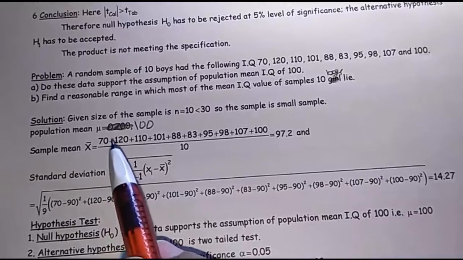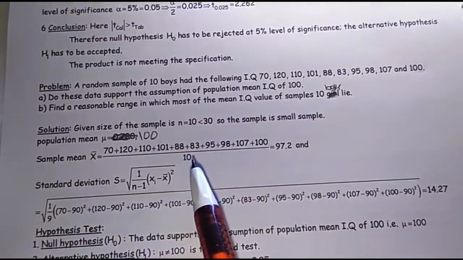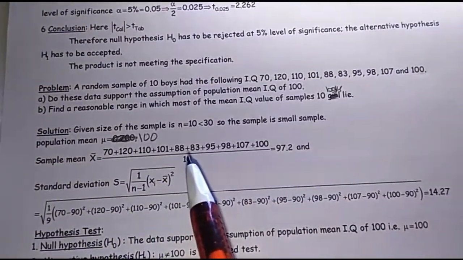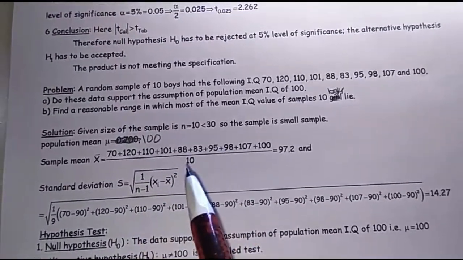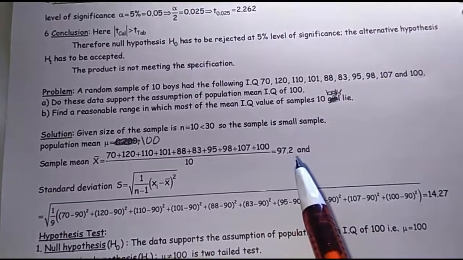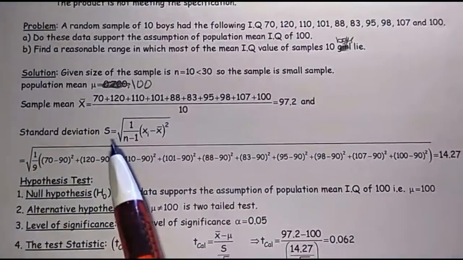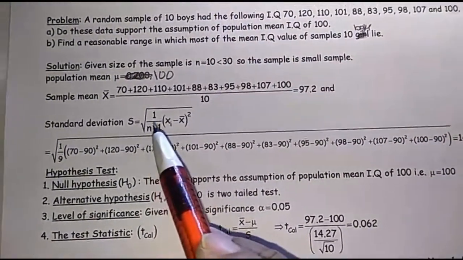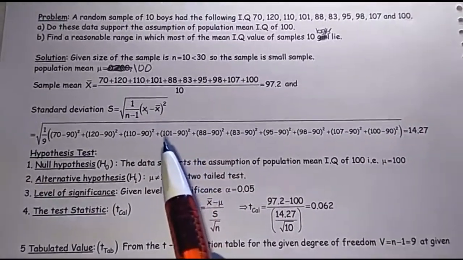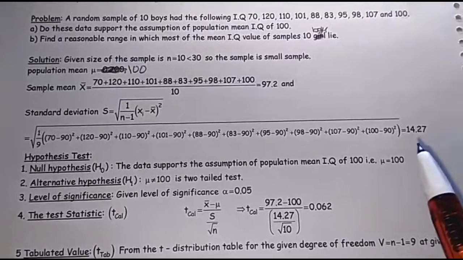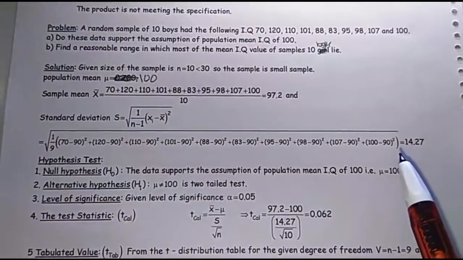Mean is 1 by n into summation i equals 1 to 10 xi, that equals sum of the values divided by total number, that gives 97.2, and standard deviation formula is s equals square root of 1 by n minus 1 into summation xi minus x bar whole square. Now evaluating the standard deviation, that gives 14.27.